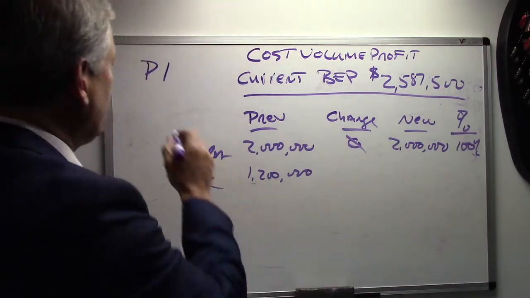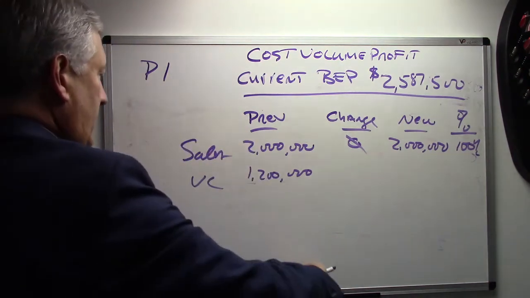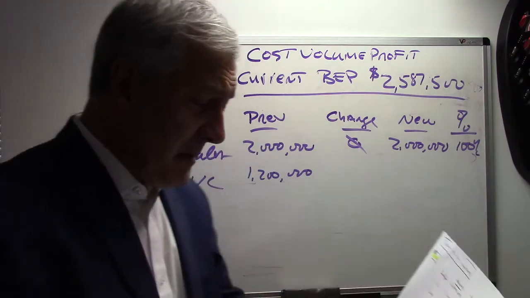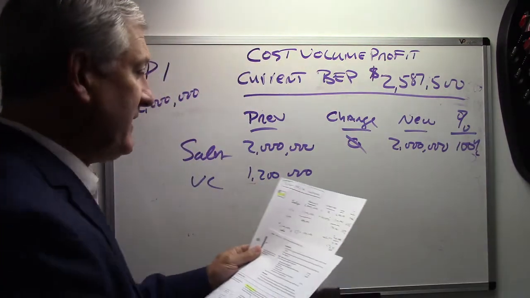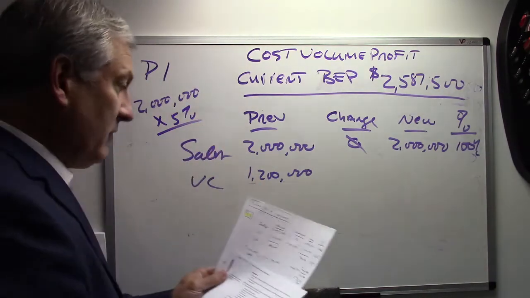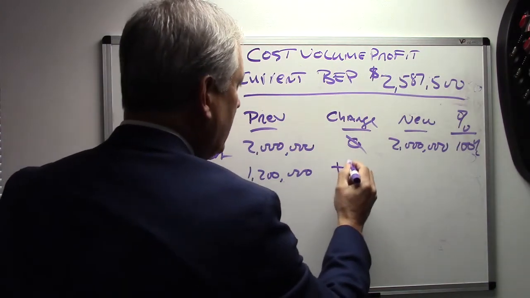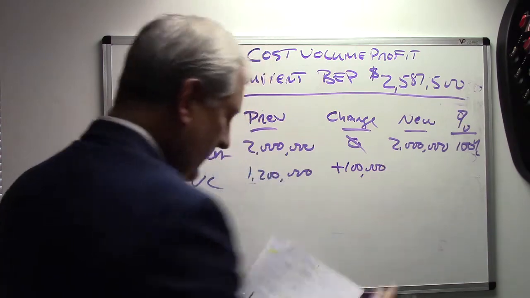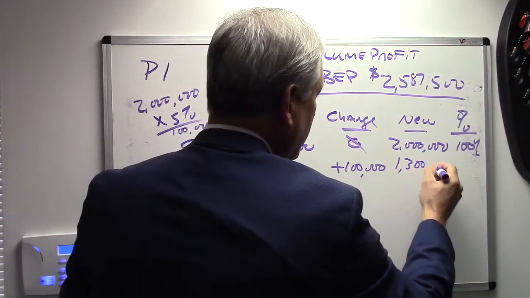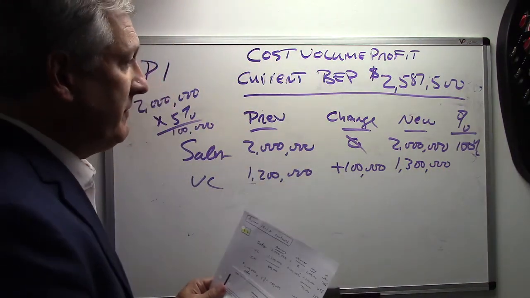So if sales are $2 million, the sales commission is going to be 5% of that number, times 5%, which equals $100,000. So we're going to add $100,000 to our variable cost. Our new variable cost is $1,300,000.